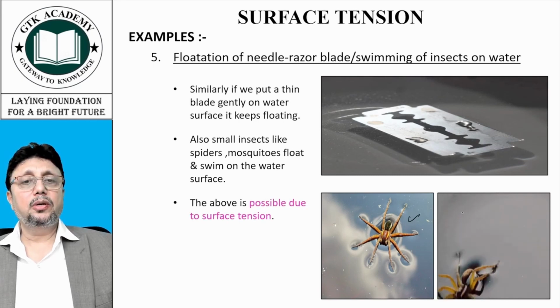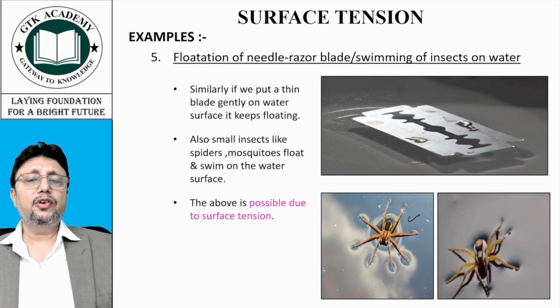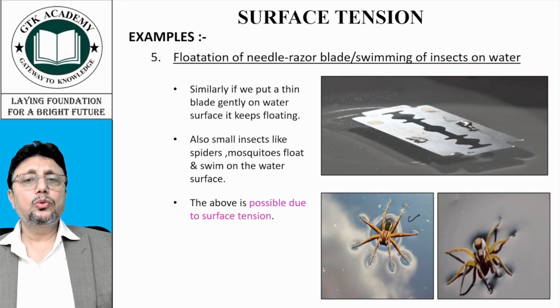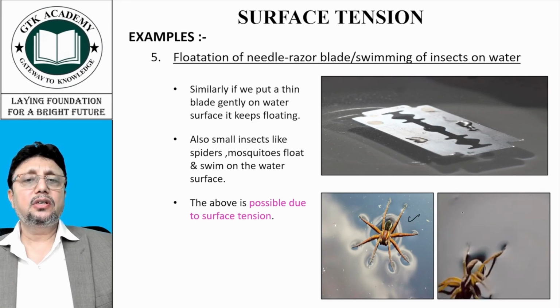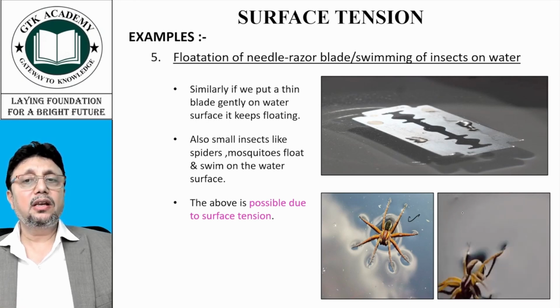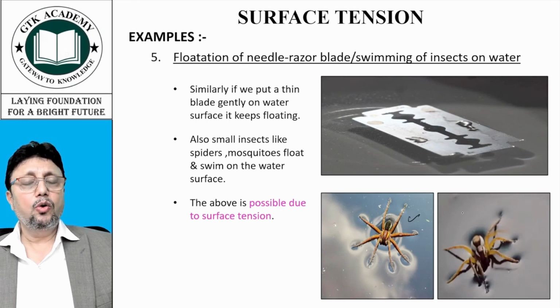This is possible due to surface tension, because the surface of the liquid is acting as a membrane. Now, the membrane is able to support these objects, whether it is a needle or a razor. See, needle and razor both are of metal, and metal has a higher density, so they should go inside water.